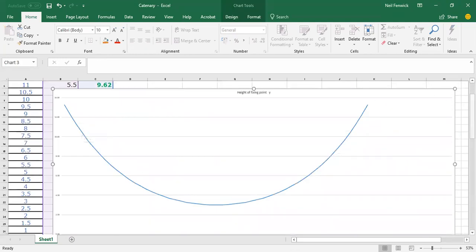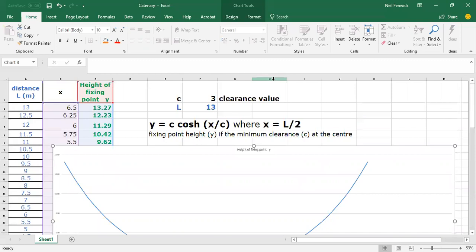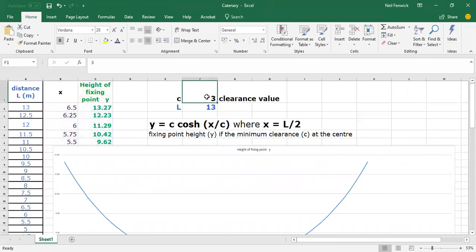We want a minimum 3 meters clearance above the ground, and we want 30 meters between the fixing points, and the required fixing height then comes out to be 13.27 meters.